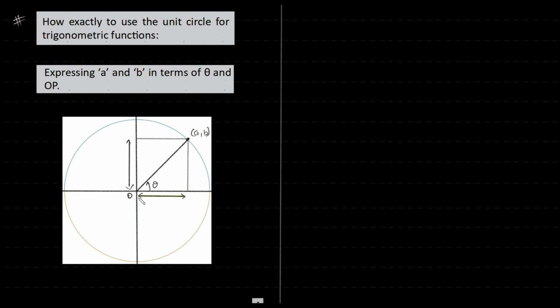So to help us with this, let me name this O, A, B. So in triangle OAB, we have the following diagram. So this is known, this is theta. What else is known in this diagram? An angle is known, and this is 1 unit.